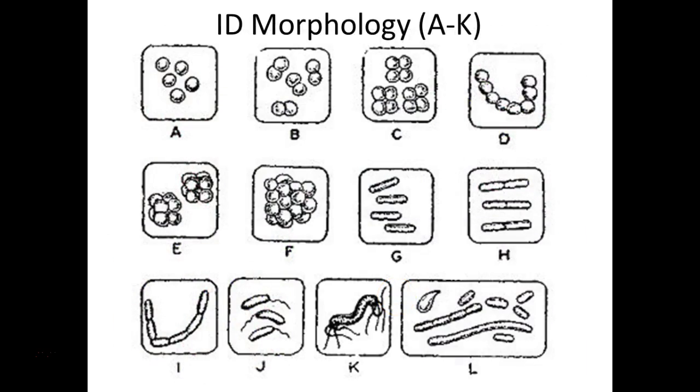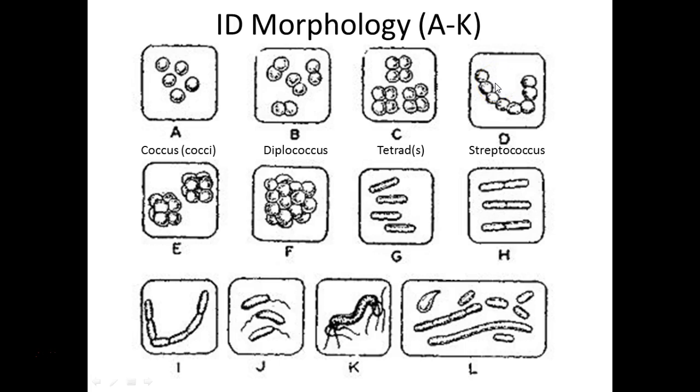Okay, we gotta know shapes. So let's review. What are these? Cocci. A single one is a coccus, right? What's the term for pairs? Diplococcus. Groups of 4 in a square of cocci: tetrads. A chain of cocci: strepto, right?